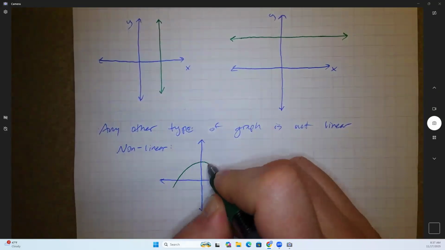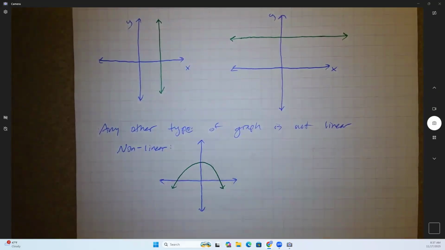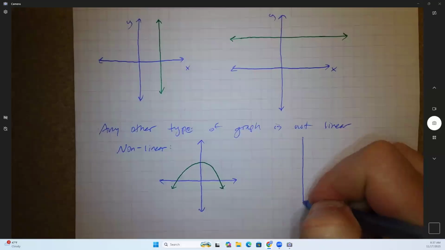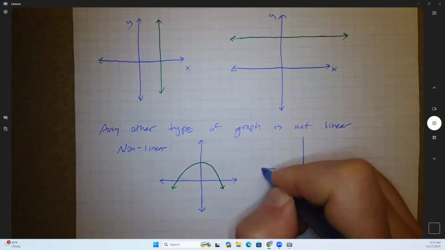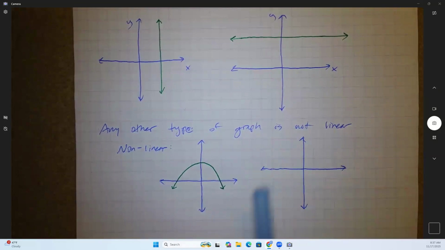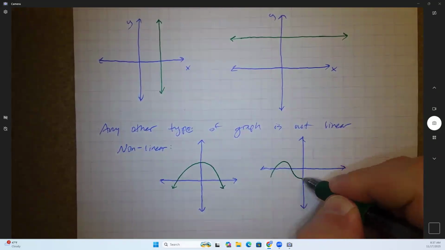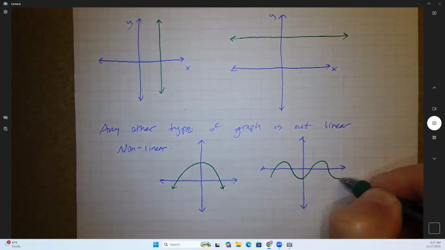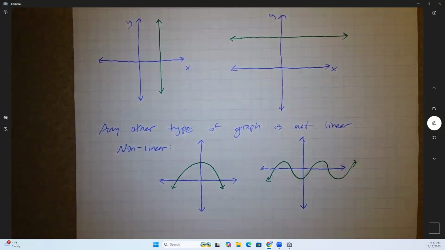Pretty much if it curves. So it could look like this. As soon as you get into non-linear, there's all sorts of different possibilities. It could look like this. Right. So when you're looking at a graph and you want to know if it's linear, just ask: is it a straight line or not?